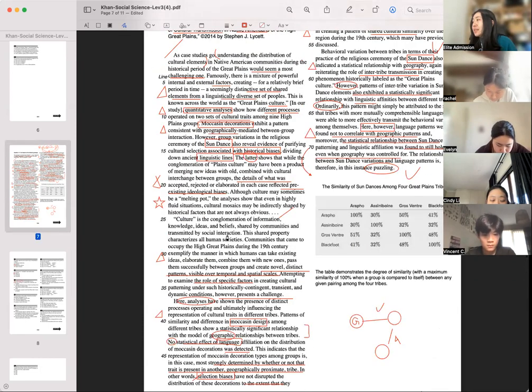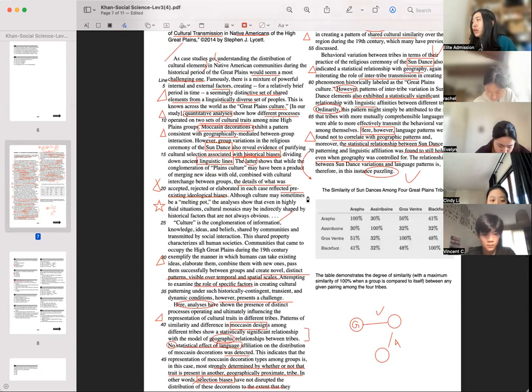If we go back to that sentence now, although culture may sometimes be a melting pot, what is a melting pot? That is the common metaphor we use to describe culture. Everything is highly fluid, like interchange. Even in such a highly fluid situation, there is a culture mosaic.